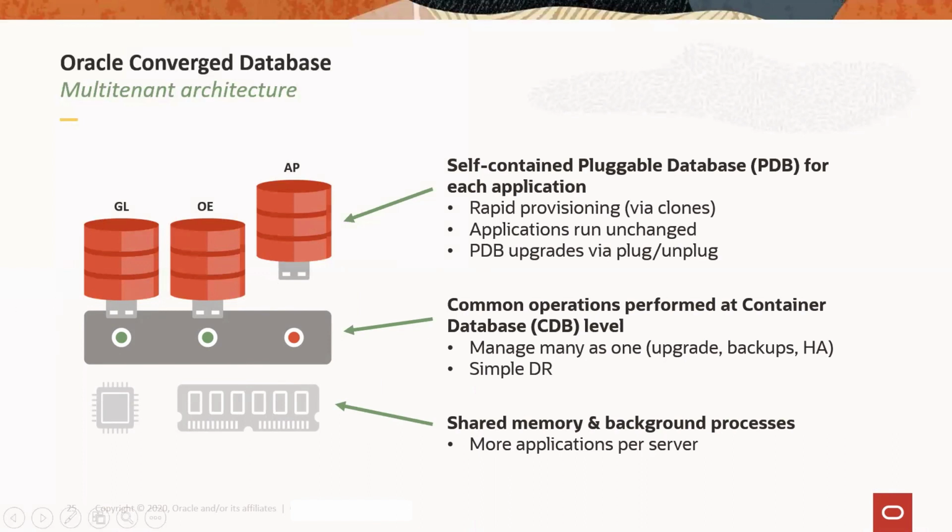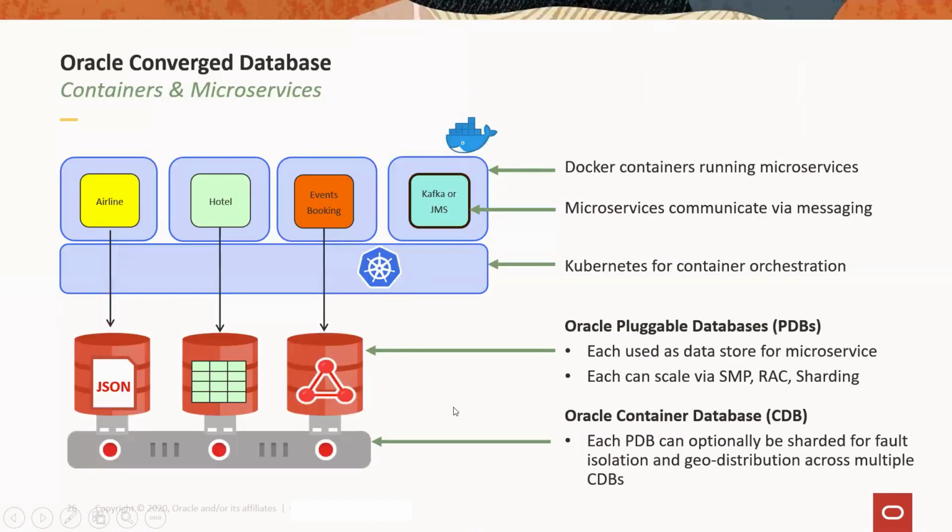So let me bring it all back together. And the way that we do this is we can deploy, well, first of all, we have full support for Docker containers in your applications, Kubernetes, and et cetera. So the whole microservices architecture up here doesn't change for you guys. What you are seeing under the covers with the database is that each of the pluggable databases can support its microservice, right?